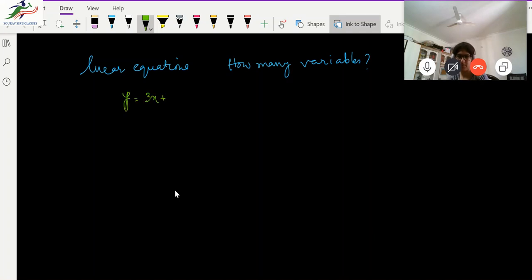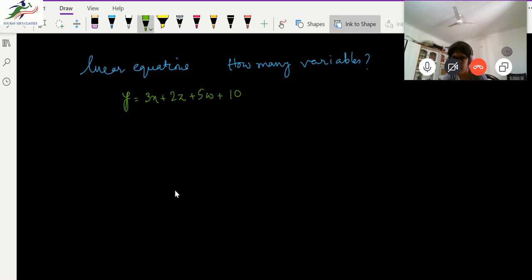Now, if I write y equal to 3x plus 2z plus 5w plus 10. What does this mean? That as we insert values of x, z and w, this is a linear equation, and they will determine the value of y.